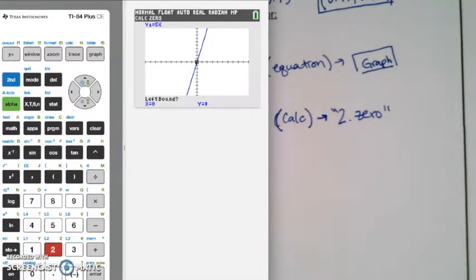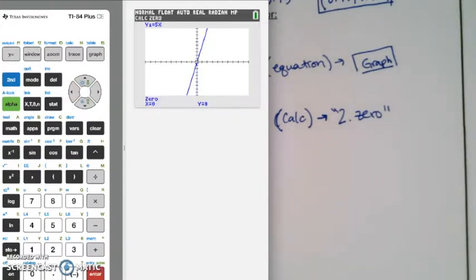So for left bound, I want to make sure that I am to the left of the zero. So if it's right on top of the zero, you can't be sure that it's to the left. So you want to go ahead and click the left button until you're positive that it is left of the zero. And what I mean by left is an x value that is less than your zero. So here, and then right bound, I'm going to go up, and then the zero is a guess.